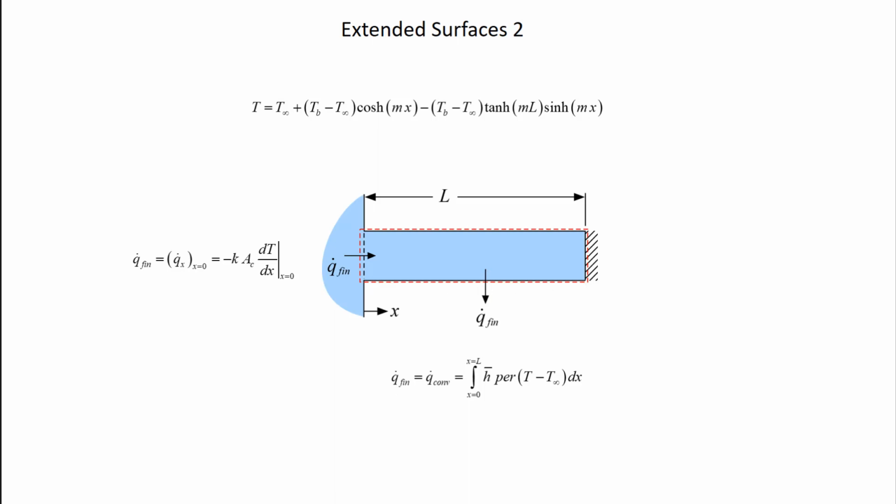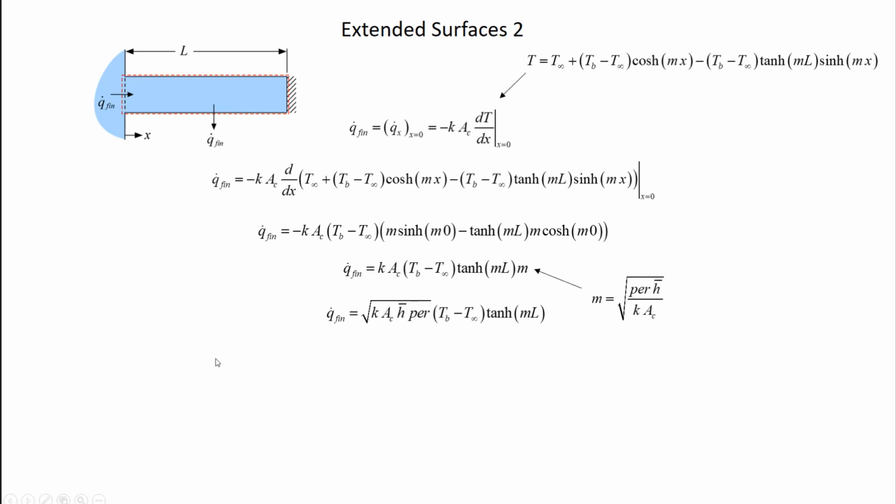So q dot fin is q dot convection, which is the integral from 0 to L of h bar times the perimeter times T minus T infinity times dx, right? So if this solution is correct, then this equation and this equation had better give me the same thing, right? So I can use either one of those two techniques to get the rate of heat transfer to the fin. I'm going to do the first one here. So let's go ahead and do that.